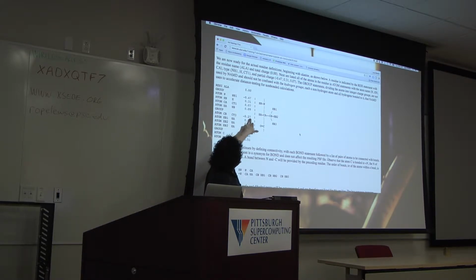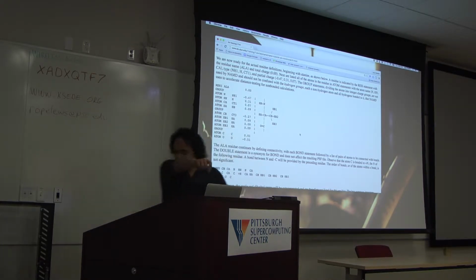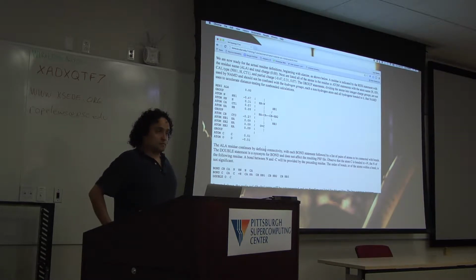For instance, for this carbon you have a minus 0.27, and for the hydrogens you have a slightly positive partial charge. They're called partial because they're not integers. The effective charge is subtracted from some kind of value. They might consider something like an isolated atom charge, but not exactly. It takes into account the separation of charge in a molecule.